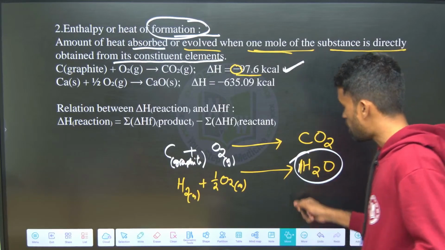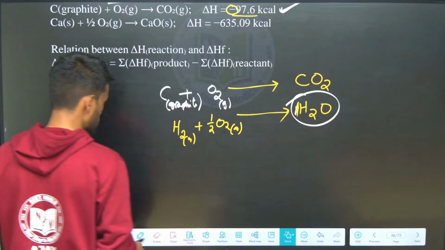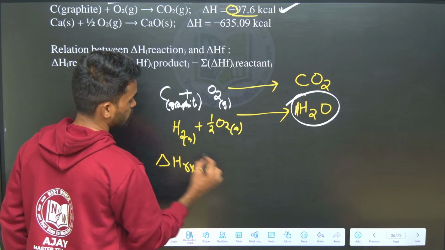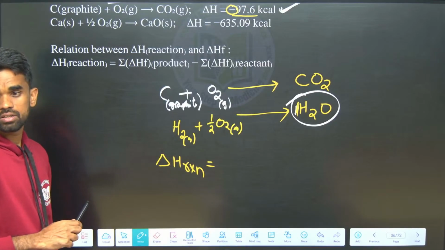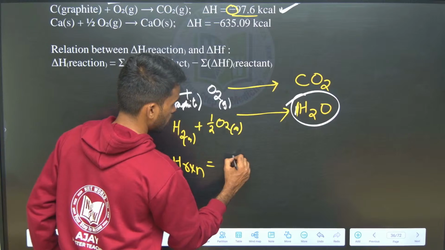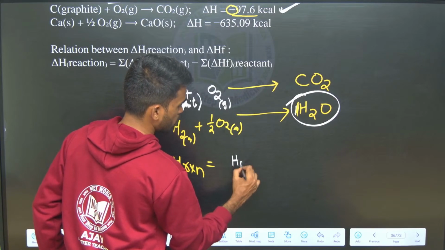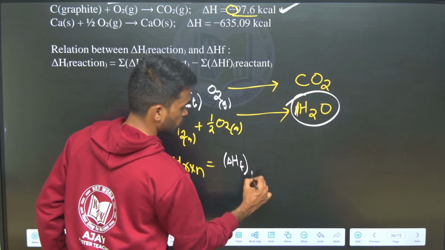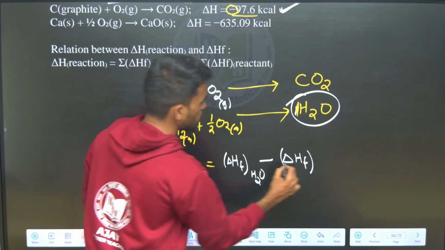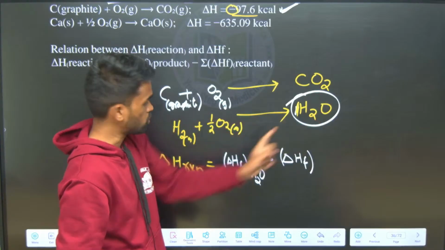Okay, so now if I want to write the enthalpy of reaction for this, tell me. So delta H reaction I want, formations are given. So what is forming here? Water. So the enthalpy of formation of water minus... see, only water is forming now, so only that one.